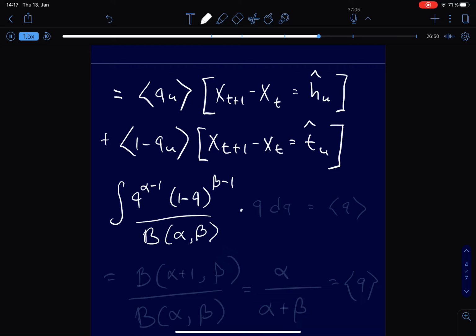If we take the average of q, this just becomes the ratio of two beta functions. The beta function is defined by this integral, and so this just becomes B of alpha plus 1 and beta.